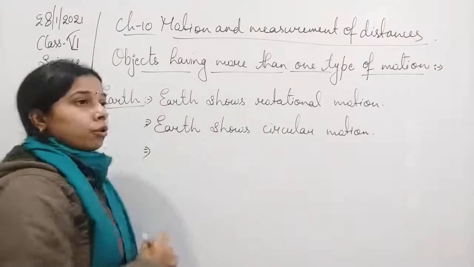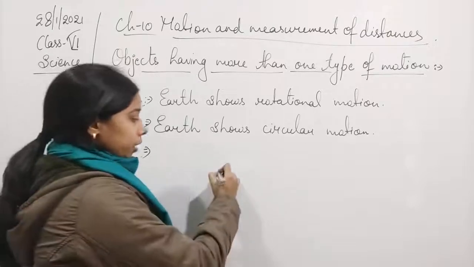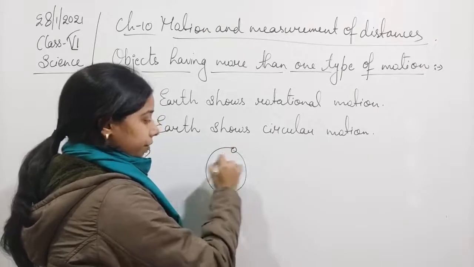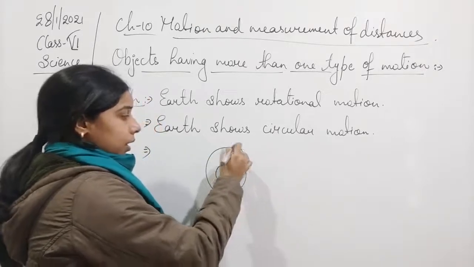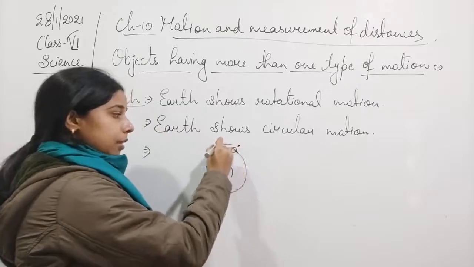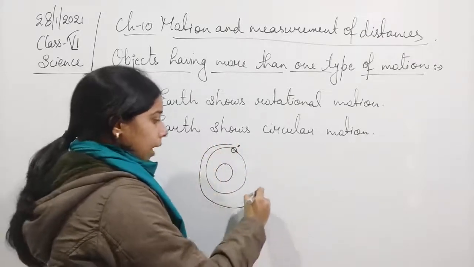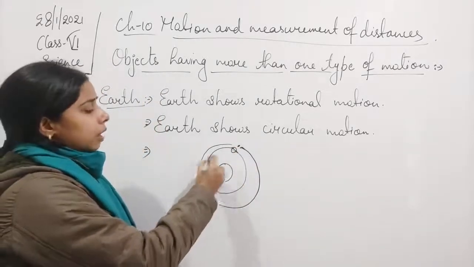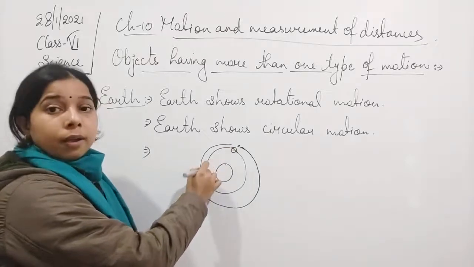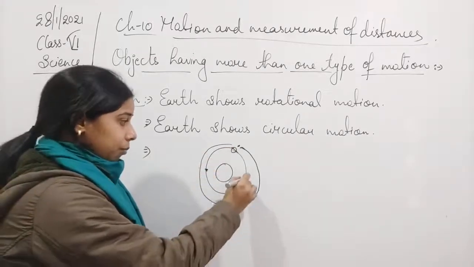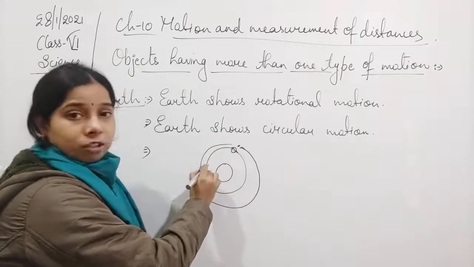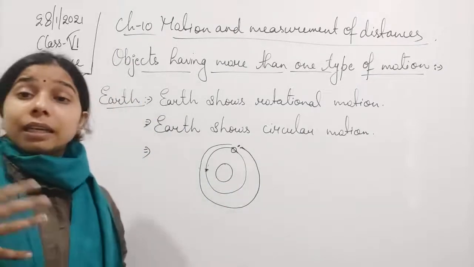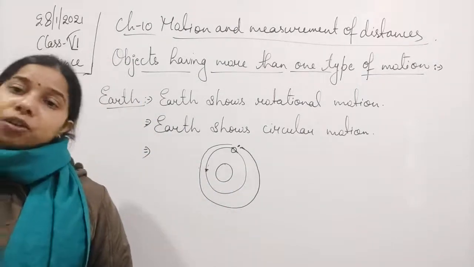Is there any other motion also? Yes. If the Earth is moving in a circle around the sun, it starts from one point, moves through the whole path, and finally comes back to the same place. Whichever position you take, you will find that the Earth keeps coming back to the same position again and again.